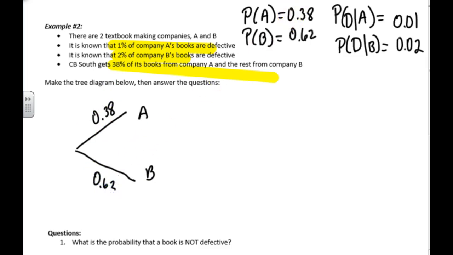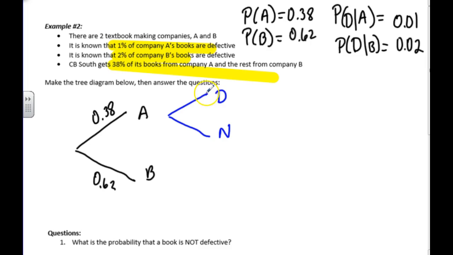Well, when it comes from company A, we have options. It can be defective or not. Now, oftentimes I like to use the complements, but for these purposes, just to make sure you understand what we're talking about, you can just use defective or not. The key is whatever you do, be consistent with it.